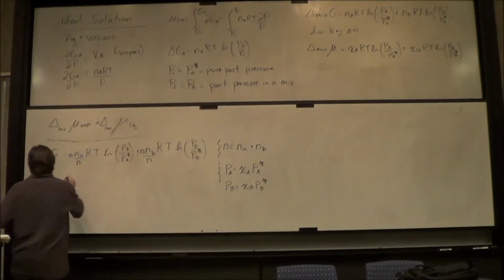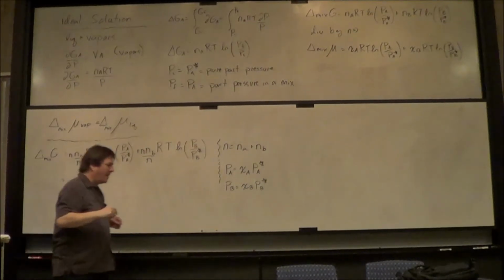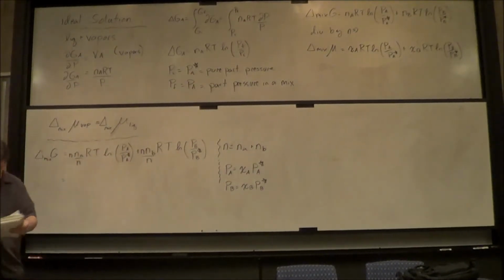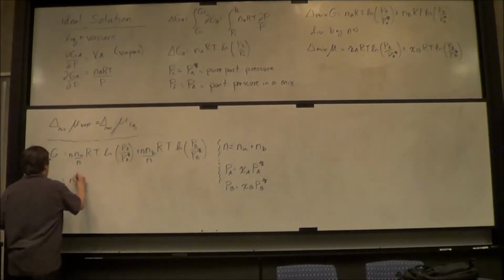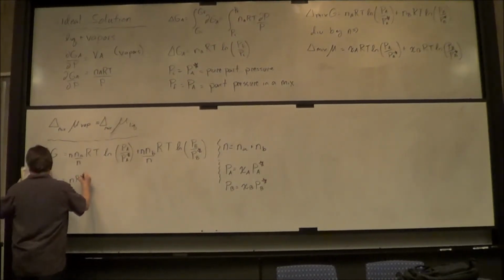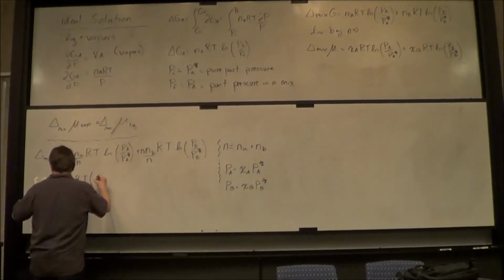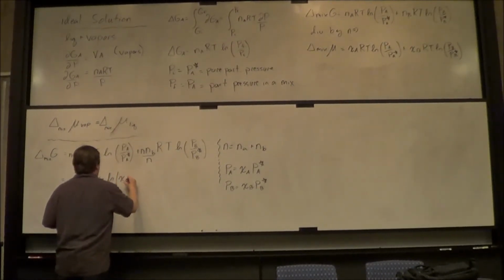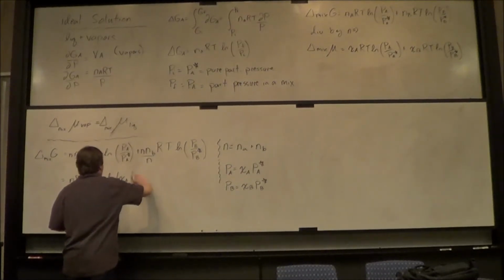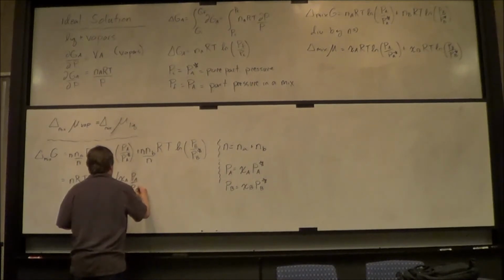So that means that this is now, let's see, the mole fraction of A. Let me factor a little bit. nRT. What I've got is chi sub A natural log chi sub A. What's wrong? P sub A over P sub A star.